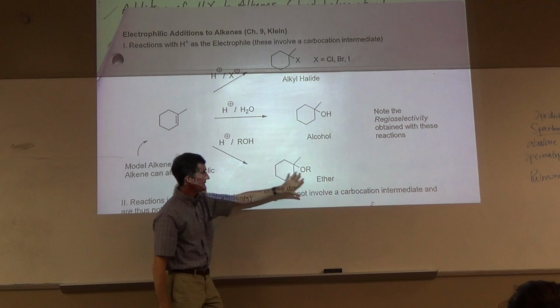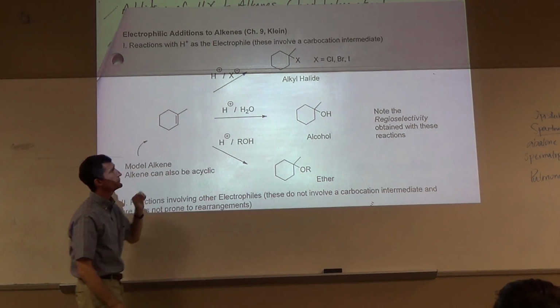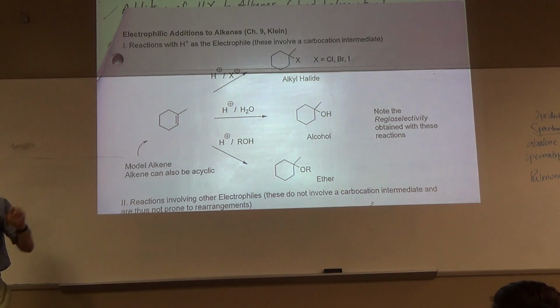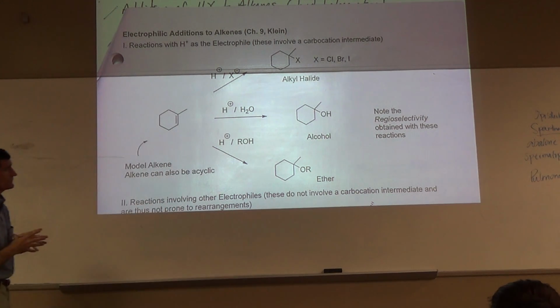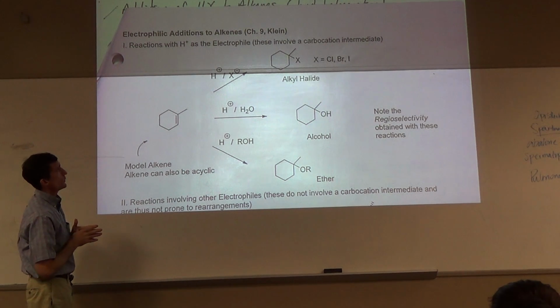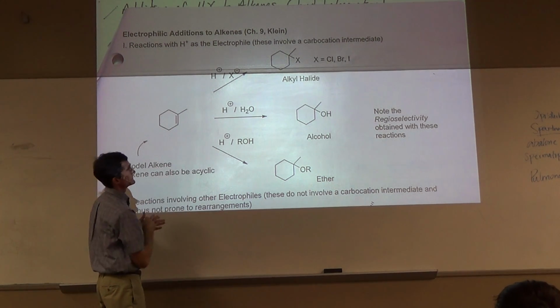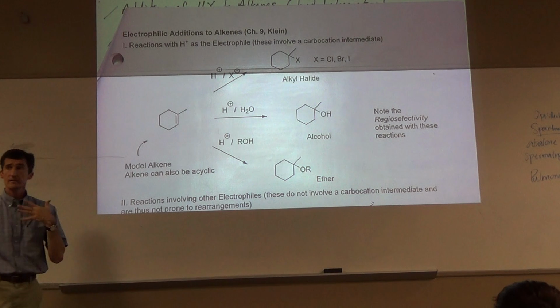Alcohol, acid catalyst to make an ether. You know all the functional groups. This is synthesis. Lots of synthesis in organic chemistry, converting one functional group to another. Alkene converted to an alcohol. We'll look at the mechanism for each of these reactions, how the reaction takes place.